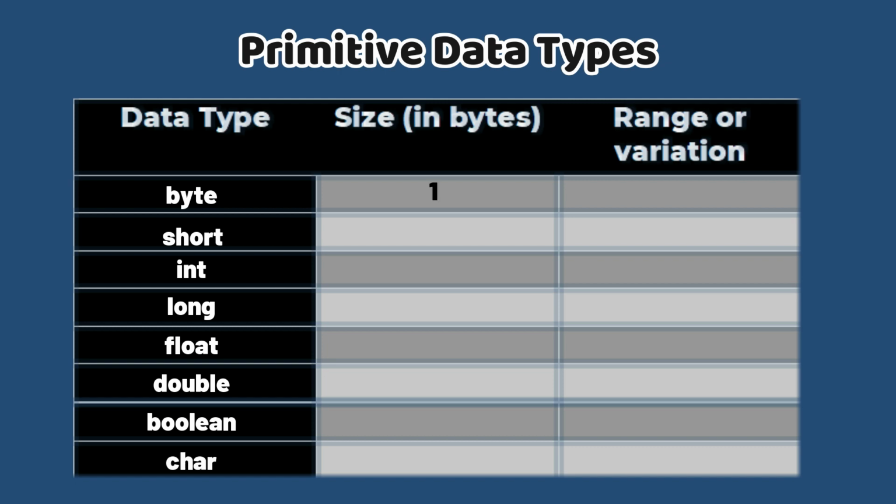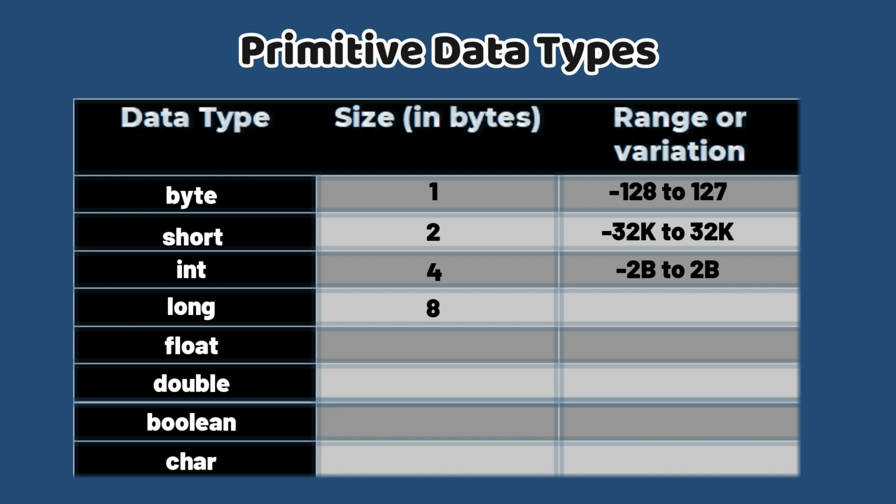Byte stores 1 byte and the range varies from -128 to +127. Short stores 2 bytes of data which varies from -32k to +32k. Integer stores 4 bytes of data, that is -2 billion to +2 billion.